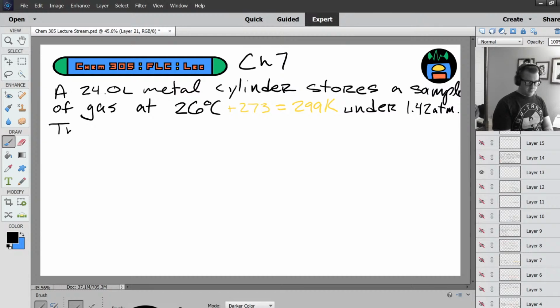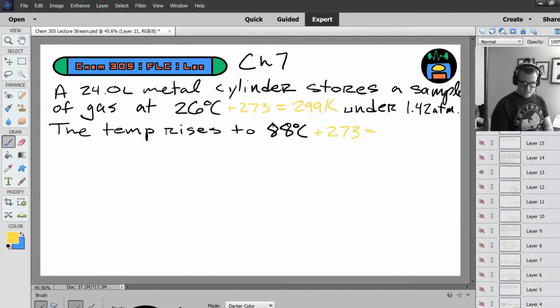Then we're told the temperature rises to 88 degrees Celsius, and again, I am mindlessly adding 273 to convert this to Kelvin.